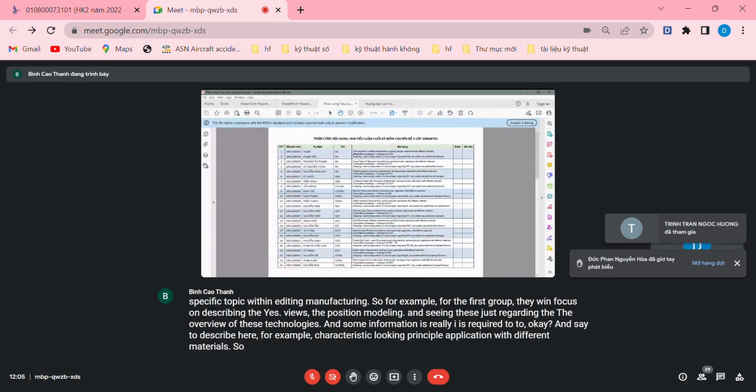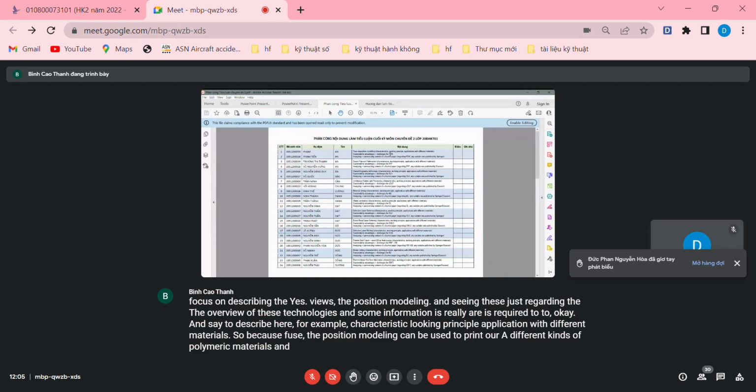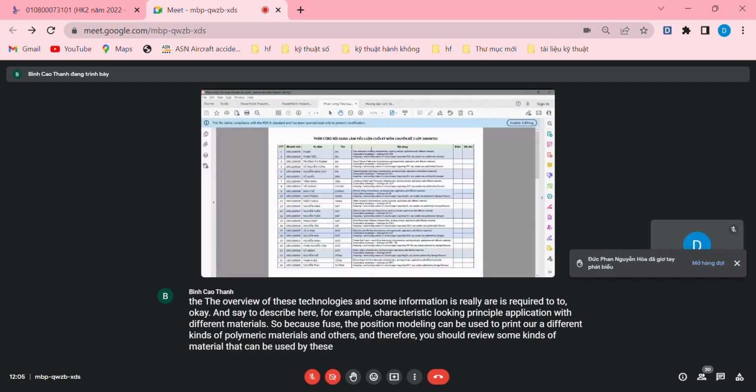Because fused deposition modeling can be used to print different kinds of polymeric materials and others, you should review the kinds of material that can be used by this technology to fabricate the parts.